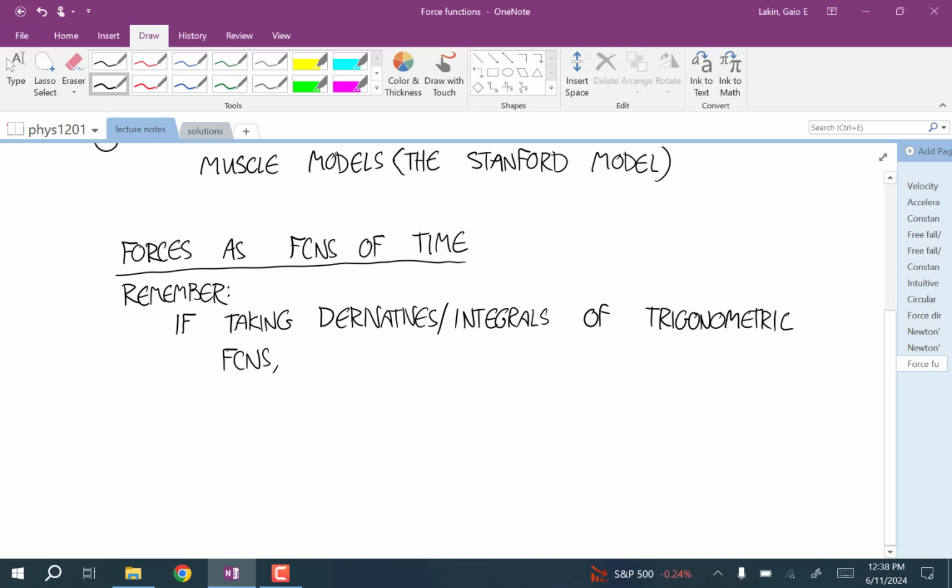All of the angles need to be given in radians for this to work. And so we'll see some examples here where we're going to have our angles in radians.